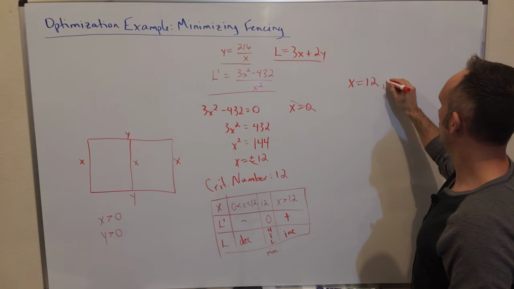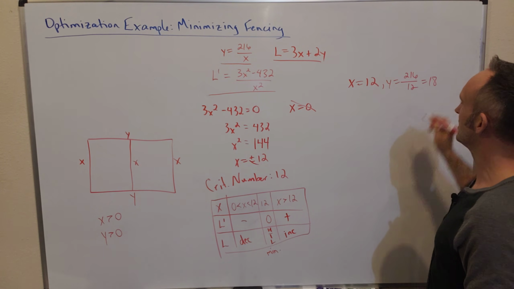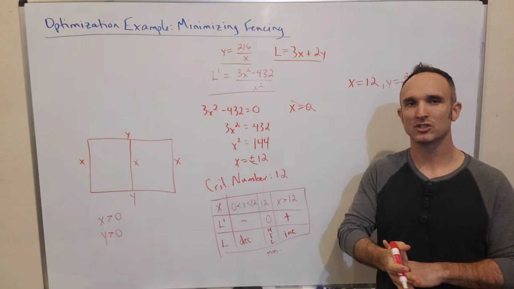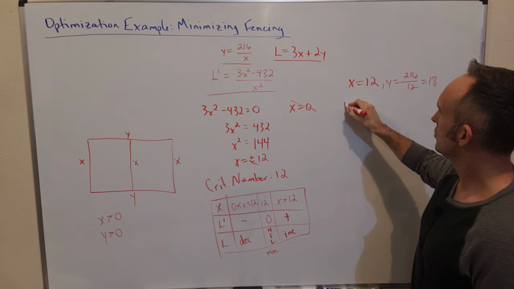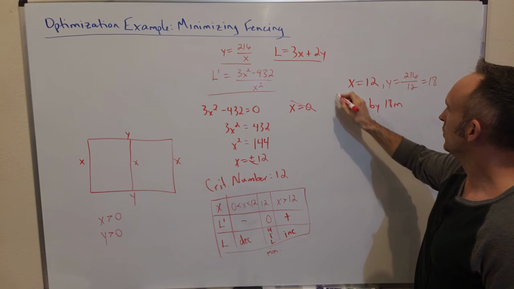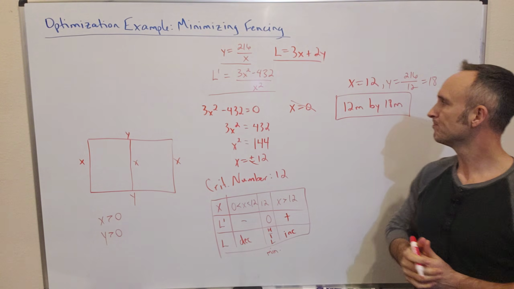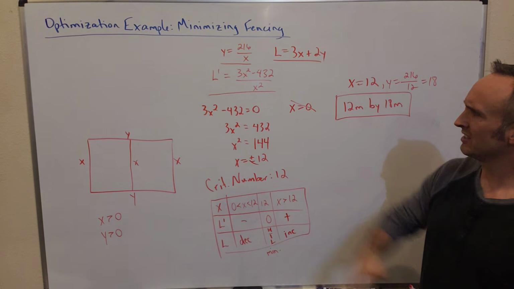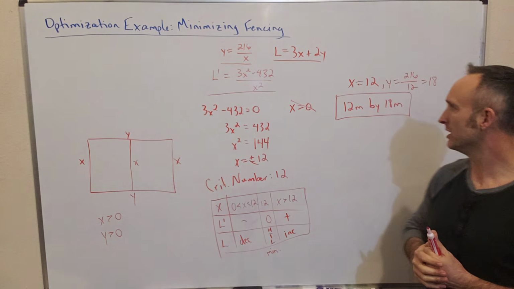So y is 216 divided by 12, which is 18. So the answer to the first question is 12 meters by 18 meters will require the least amount of fencing, okay, in this scenario, and it will keep our area to that 216 square meters.